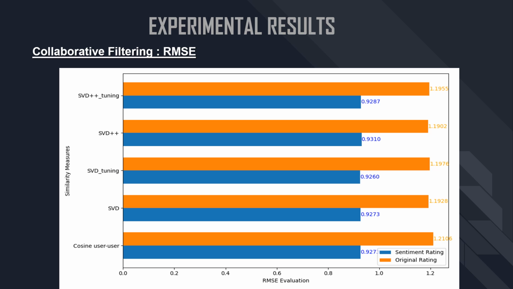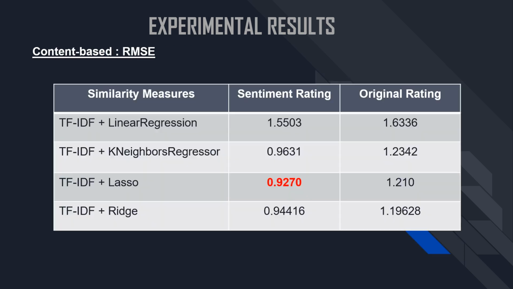in capturing user preferences. The table provides a concise evaluation of content-based filtering models using different similarity measures combined with regression algorithms. The methods employed include TF-IDF with linear regression, k-neighbors regression, lasso regression, and ridge regression.